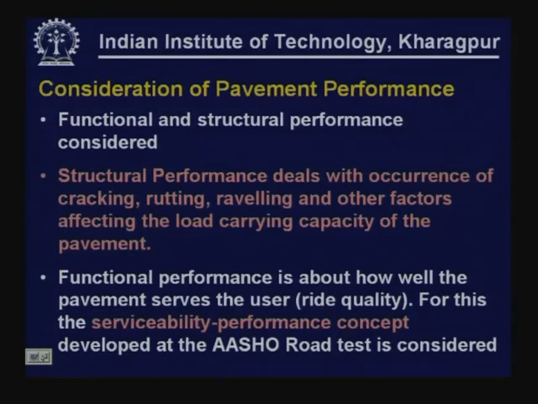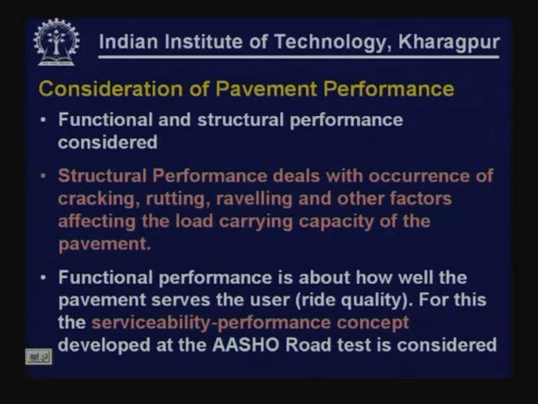The performance in the case of AASHTO design guidelines is defined in terms of both functional as well as structural performance. The structural performance deals with the occurrence of cracking of bituminous layers, bound layers, rutting in different layers, raveling and other factors affecting the load carrying capacity of the pavement.